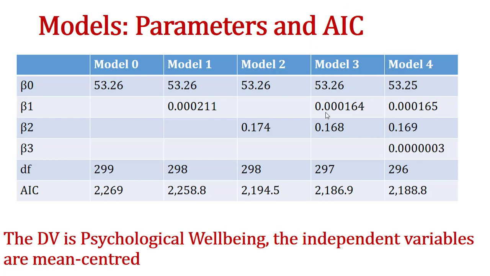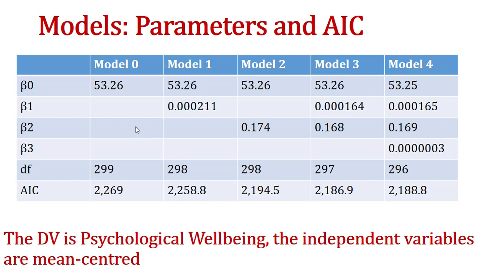In model 3, both income and job of choice affect psychological well-being. And in model 4, both variables affect psychological well-being, but it also assumes there is an interaction between job of choice and income. So we've got those models.